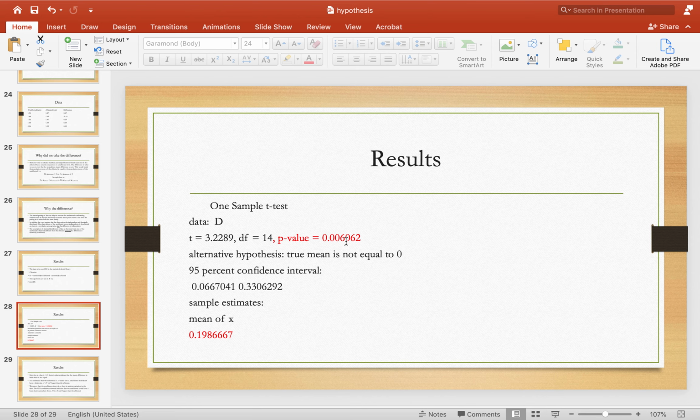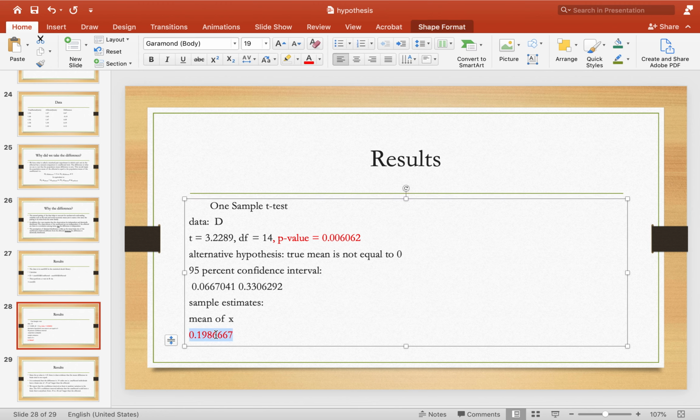And so that's overwhelming evidence that there is a difference. The mean difference is 0.19 cubic centimeters. So if you're not schizophrenic, you have a brain size that is 0.19 cubic centimeters larger on average. Not true on every single observation.